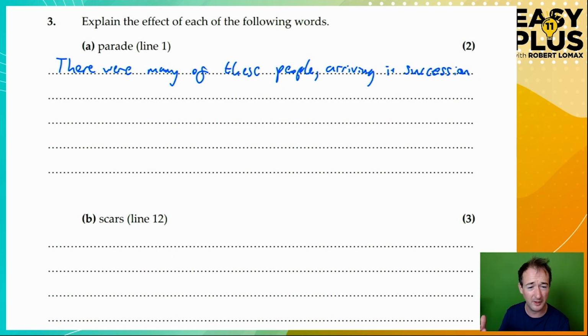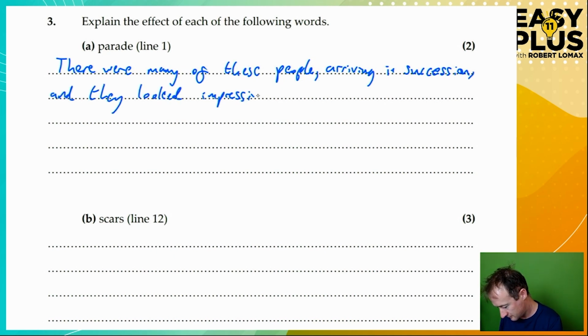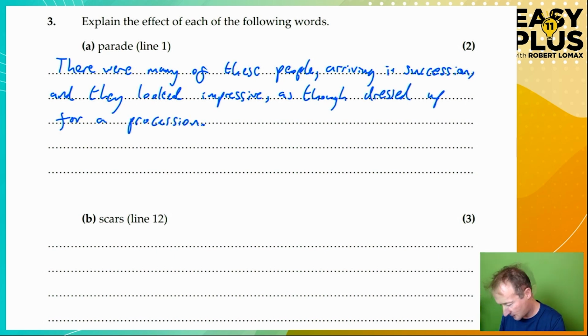I haven't said one after another because a parade could also see people coming in groups and so on. I don't think it really matters for the marks, but we may as well be precise. There were many of these people arriving in succession, and they looked impressive as though dressed up for a procession.